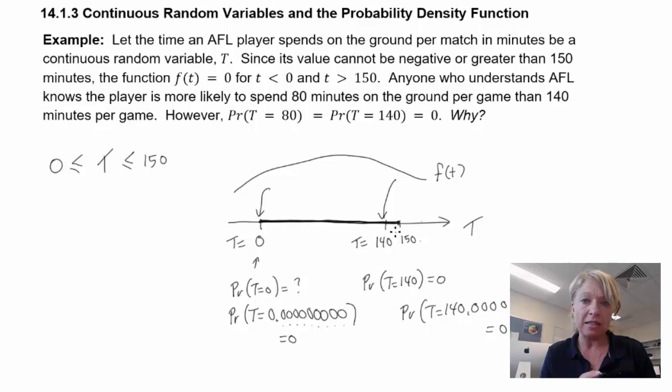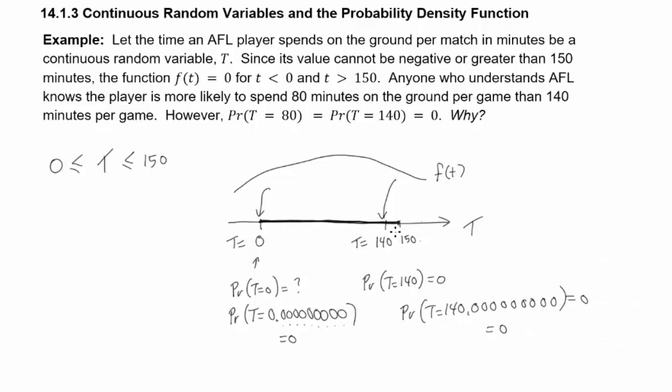What makes more sense? It makes more sense to talk about a range of outcomes. So what is the probability that t might equal between 130 minutes and 150 minutes?